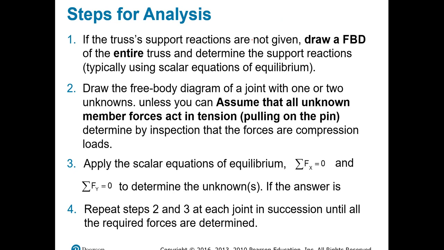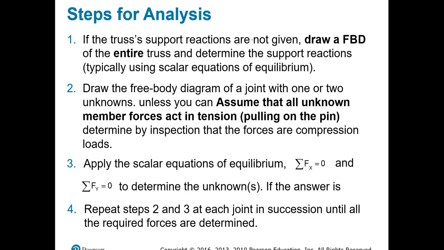So, steps for analysis. These steps are laid out in the book, but as you solve more and more exercises, you will start getting your own methods, but let's just stick to this one. If the truss support reactions are not given, draw a free body diagram of the entire truss to get the support reactions.